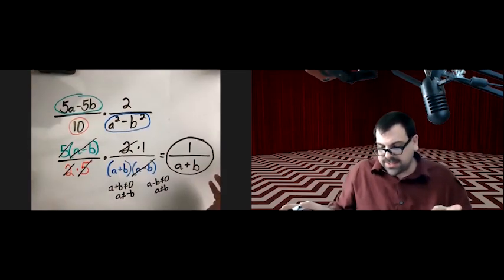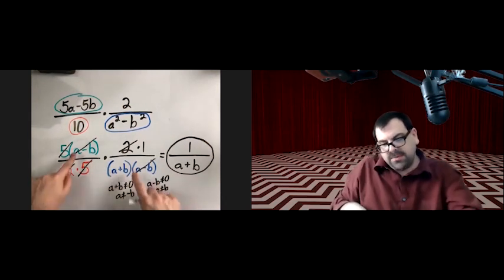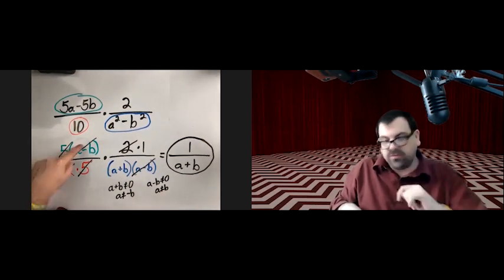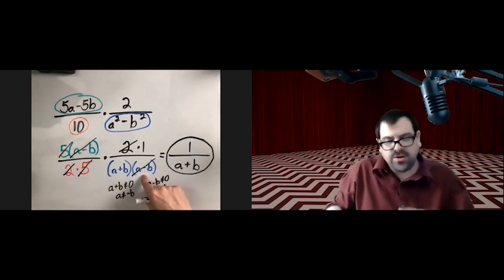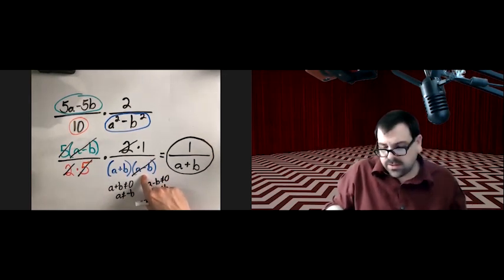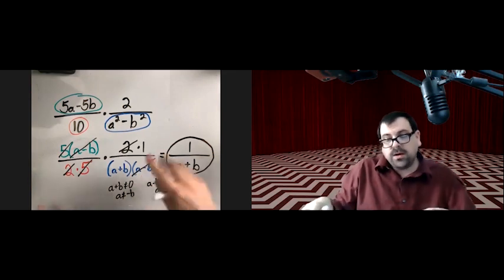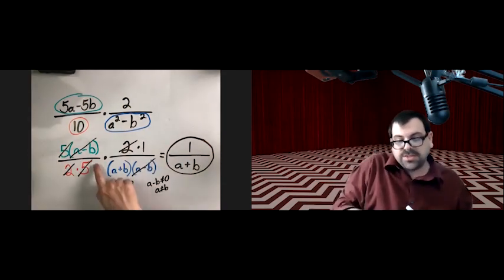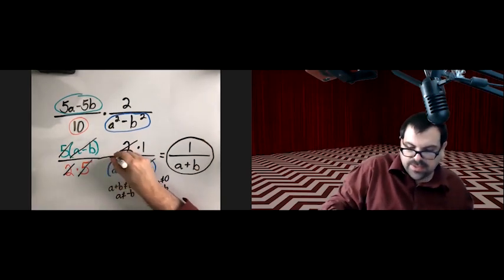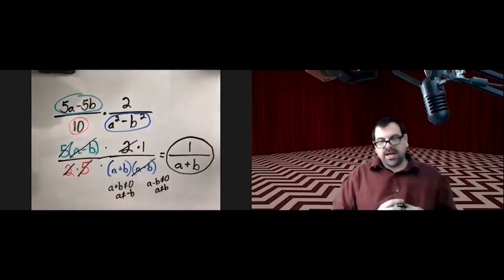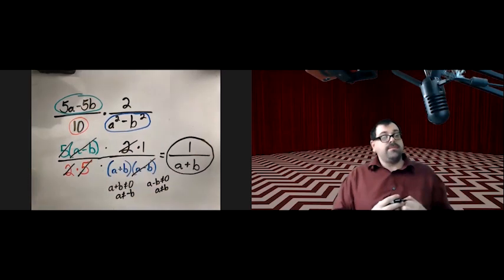And before I erase that, why was I able to cancel this A minus B over here with this A minus B on the bottom of the second fraction? They're not in the same fraction. Well, once everything's factored, multiplying these together has the same effect as jamming it together, multiplying the top and multiplying the bottom.